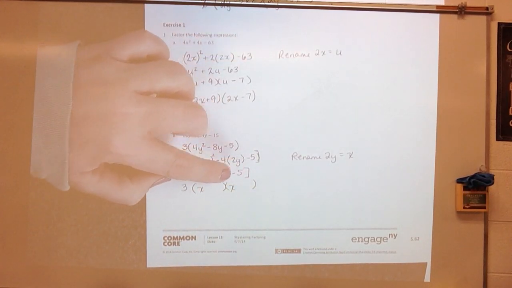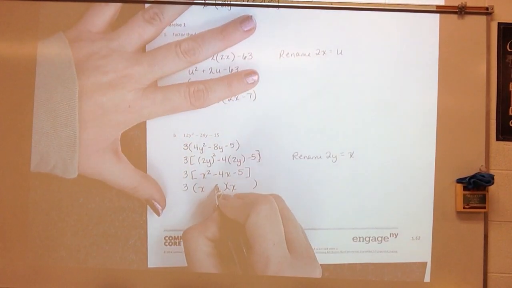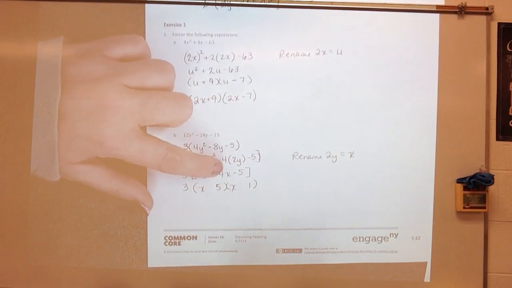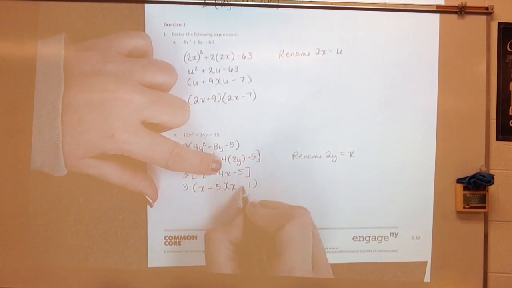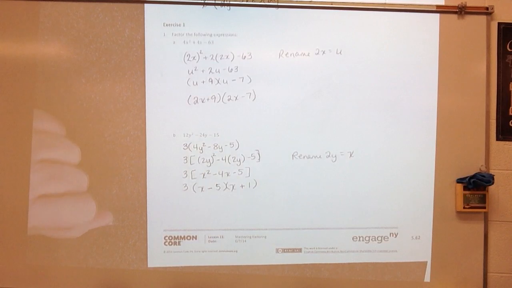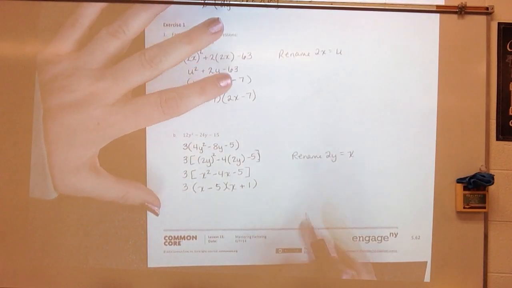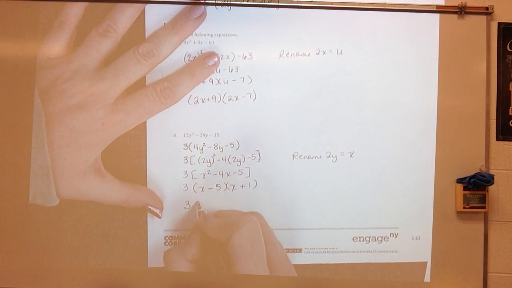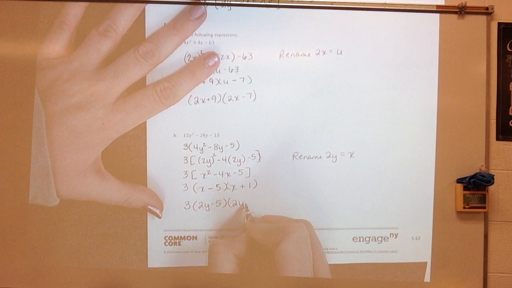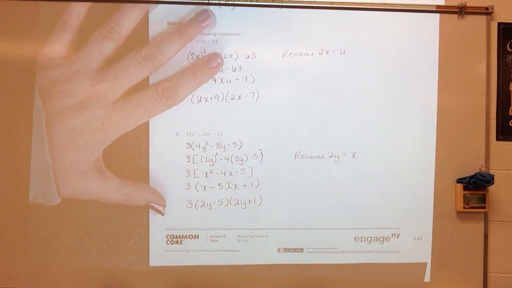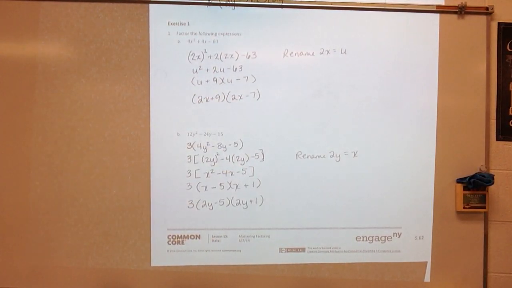I want to subtract. So 5 minus 1 is 4. And this time I want my biggest to be negative. So this is my factor here. Alright, so now I can go back and replace my x with 2y, giving 2y minus 5 and 2y plus 1. And this is what it would factor as.